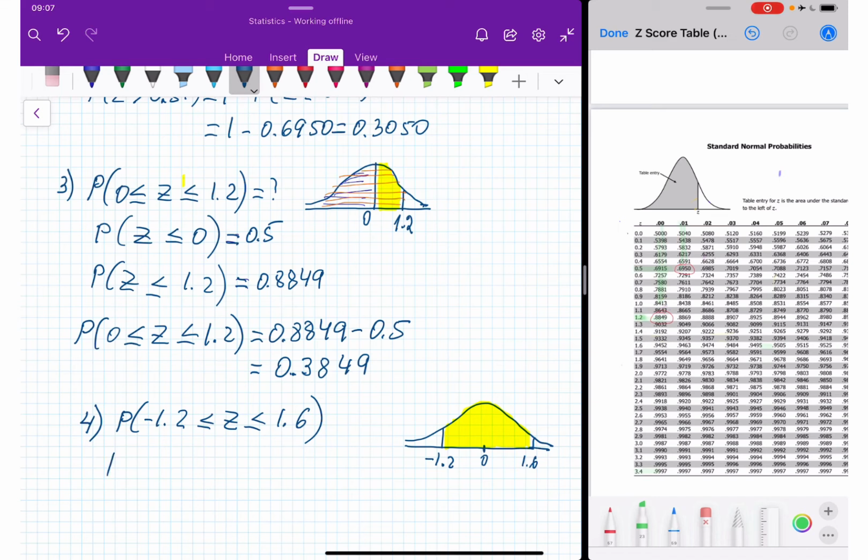So first we need to find the probability for z-score less than or equal to negative 1.2.